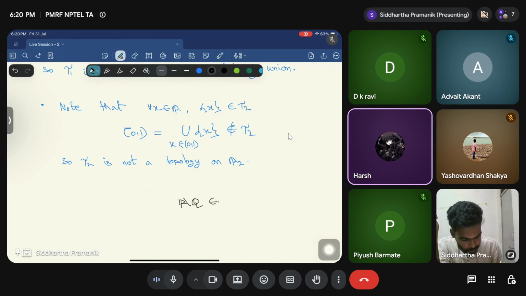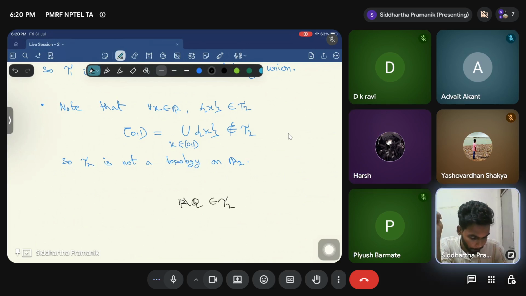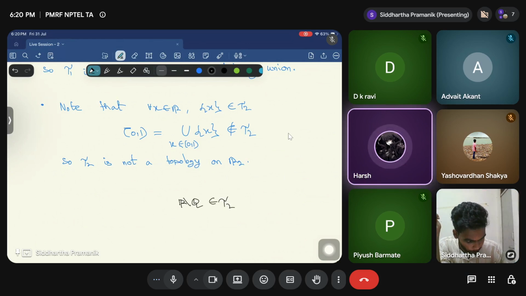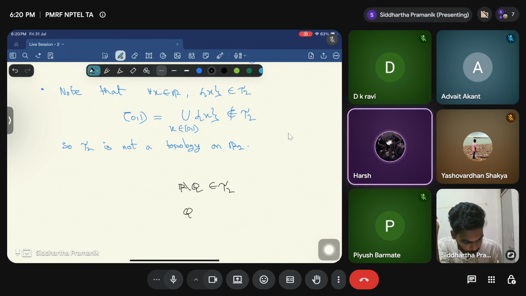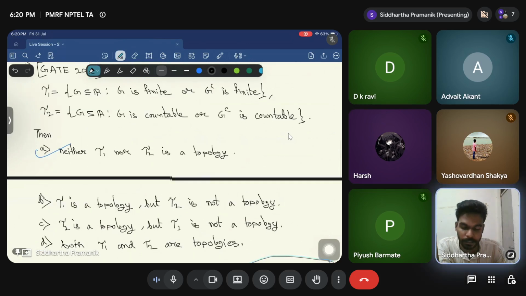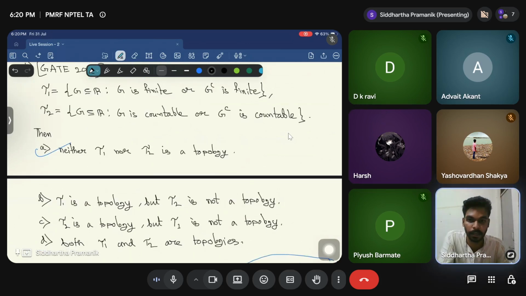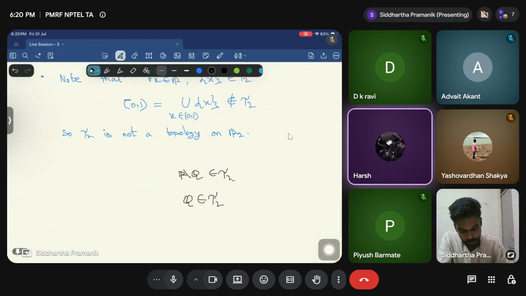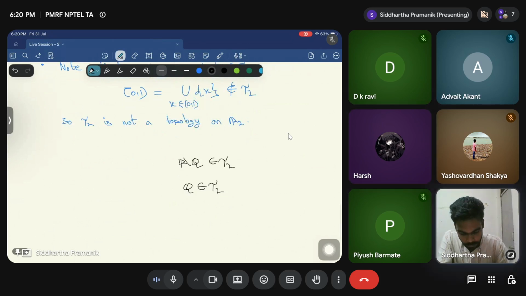And the set of rational numbers Q is also in tau 2 because it is countable. But if we take the union of these two sets, that would be the set of real numbers, which is not countable. But R complement is countable, that is the empty set. Empty set is finite. So you cannot argue in that way.